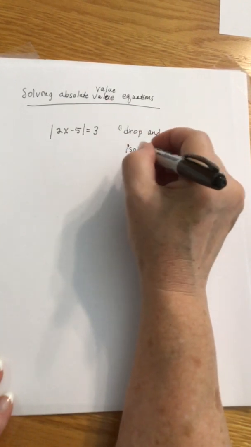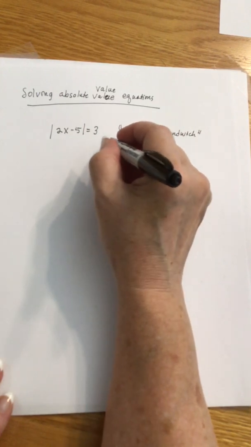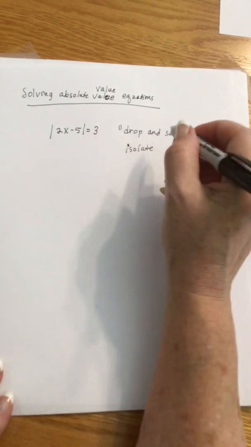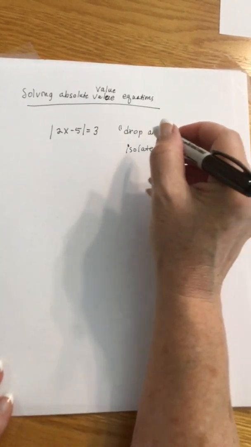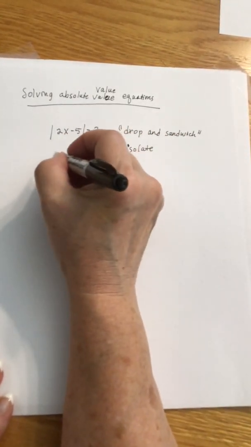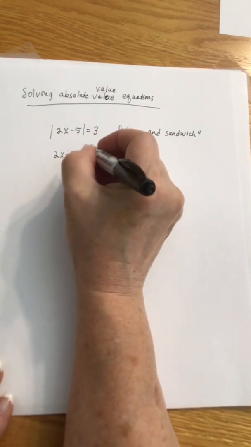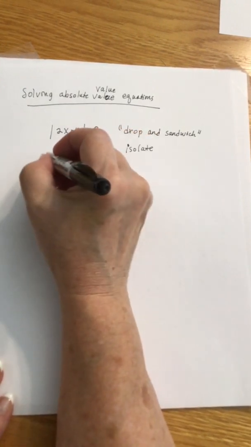What isolate means is get the absolute value by itself, which in this case it already is. So once it's by itself, then we're going to do the drop and sandwich. We drop the absolute value bars from 2x minus 5 and sandwich it between that number and its opposite.